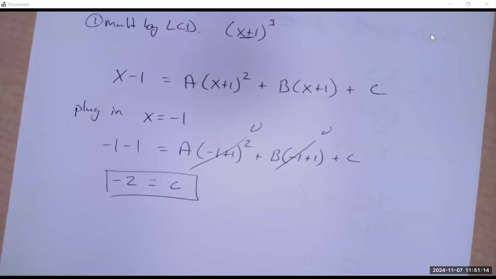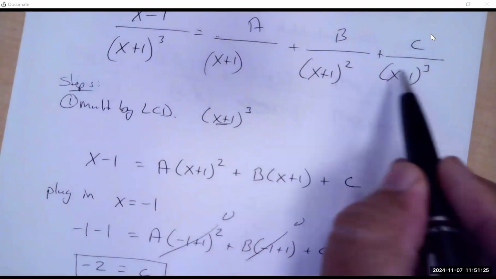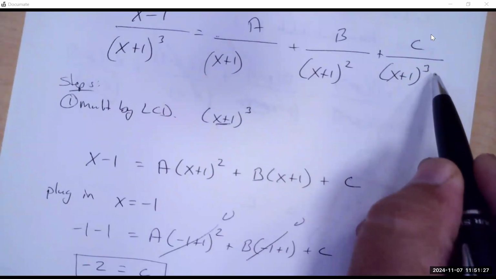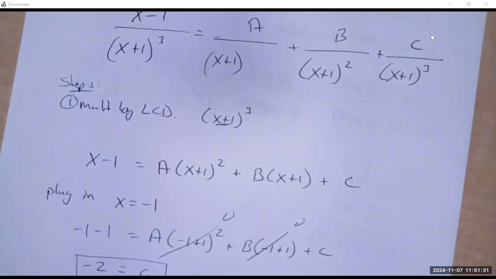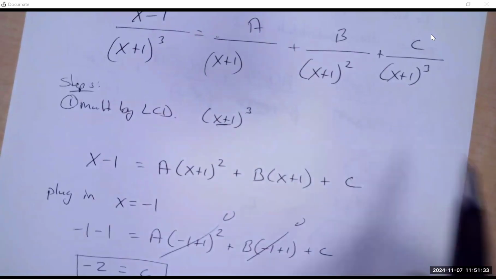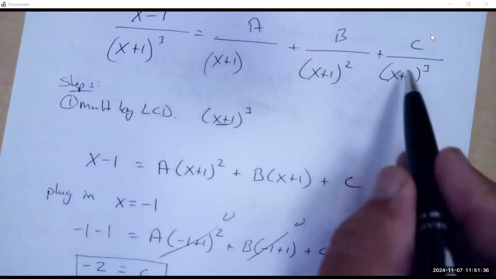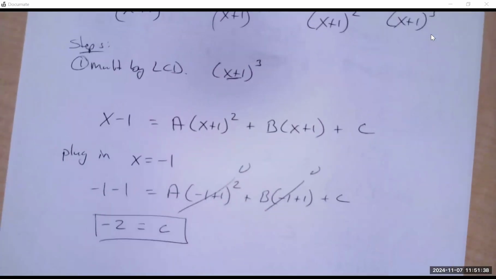Now, what's the difference between this one and the last one we just did? Can we continue the same way we just did it? No. Why not? Because the powers change. The last one, it was always a linear factor. Since these have a multiplicity and they change, we can't use the same thing we did last time.